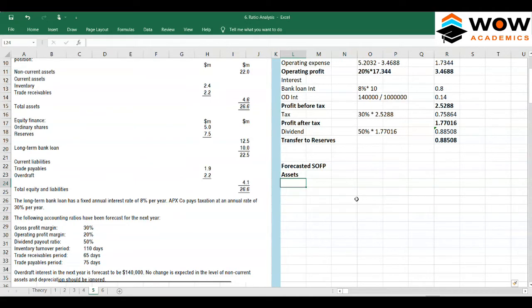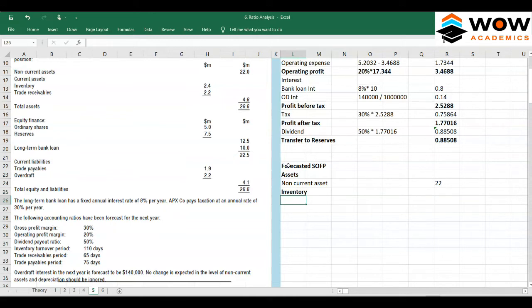So first we'll start from non-current asset. There is no information, so it would be the same. It would be 22. Then we have inventory.